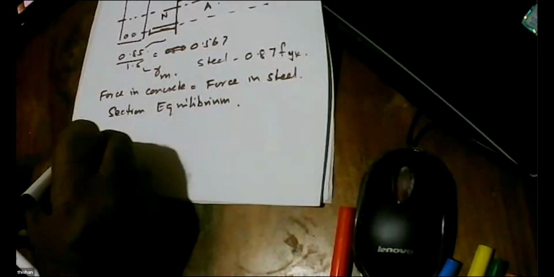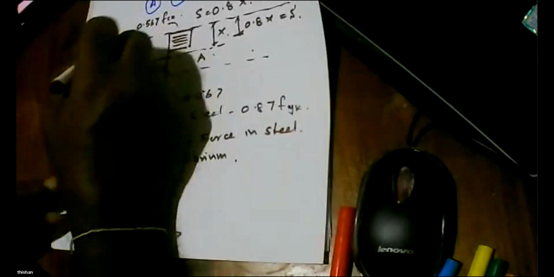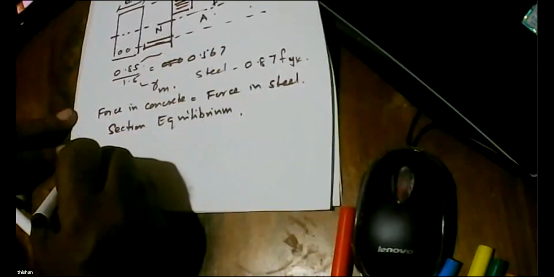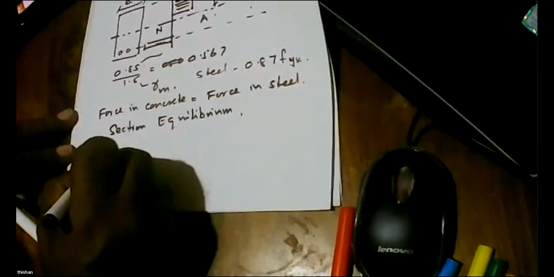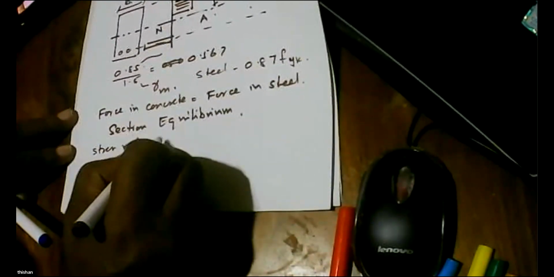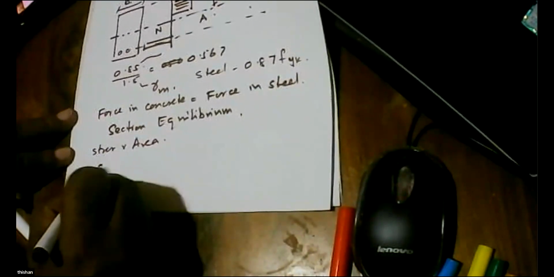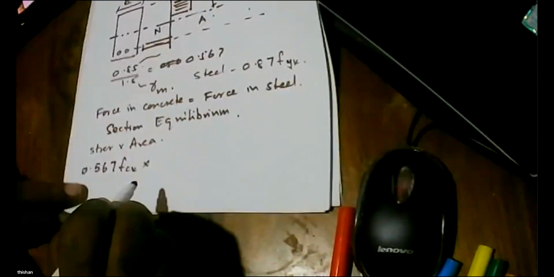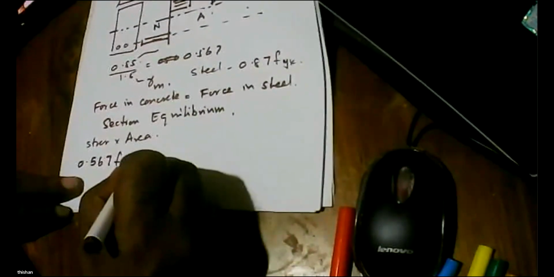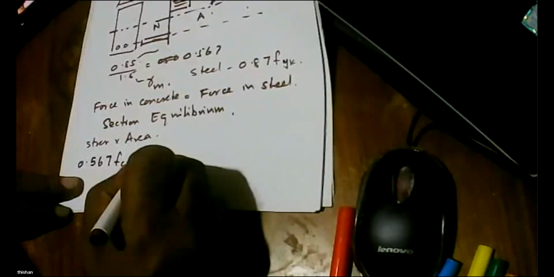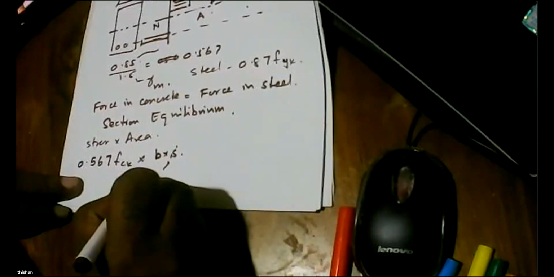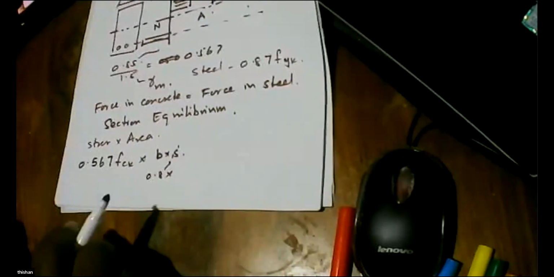So that means force in concrete is equal to force in steel. What is the force in concrete? We have a section having a breadth B, and force is stress multiplied by area. What is the stress? 0.567 fck. Multiplied by area. What is the area? Area is B times S. What is S? 0.8 times x.